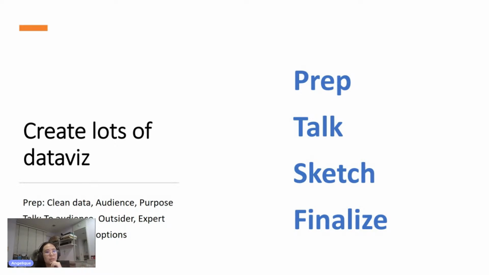And then you want to talk to people. Let's say you want to present this data to teams in Singapore, could you talk to any teams that you know in Singapore to get their opinions? You want to talk to your boss to understand better the task he gives you. So in this, we look at talking to your audience that you're creating data for, and talking to an outsider, because as you create data, you become so in love with something you're creating that you might be stuck in that box.